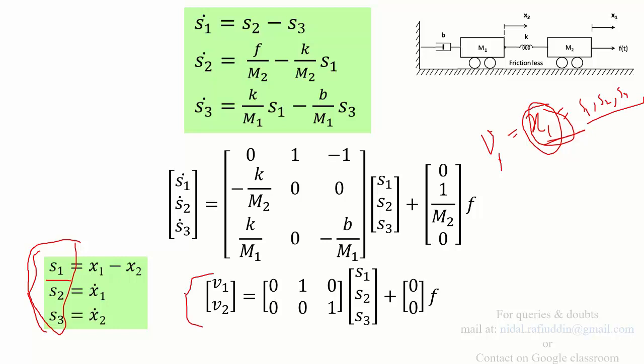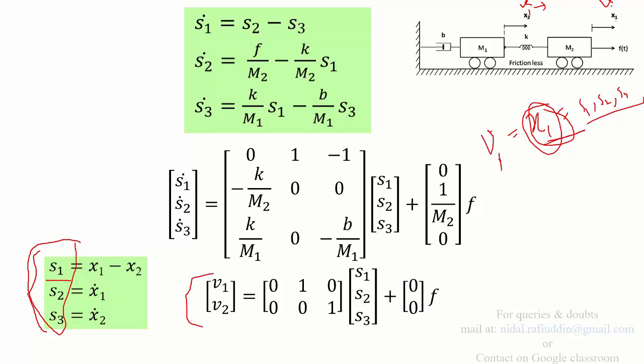But if you take the velocity of each of these masses as output, then it works. Sorry, v1 corresponds to the velocity of mass m2, and this is v2.